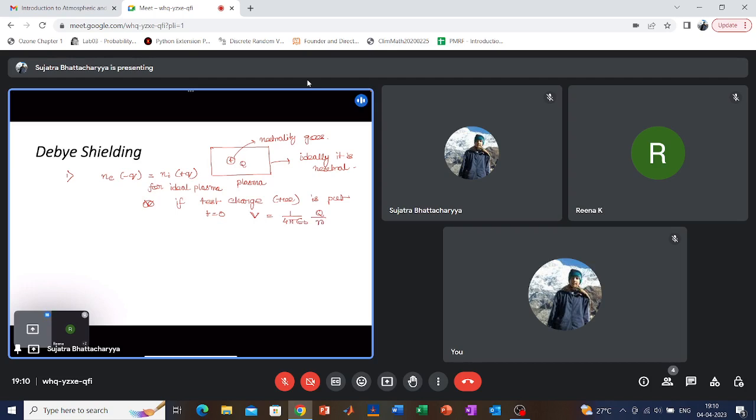What will happen as t progresses? This is the t equal to 0 situation. At t equal to t, this is the positive test charge, and all electrons will form a cloud over this, and positive ions will remain as they are, not much affected by this positive charge.